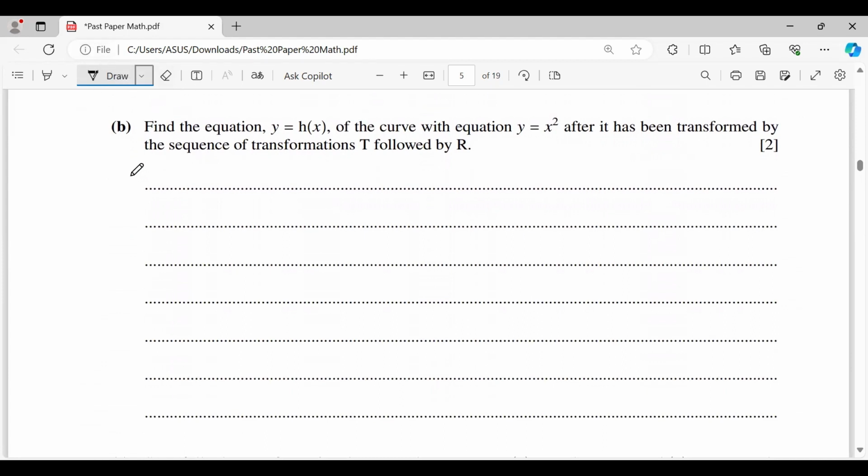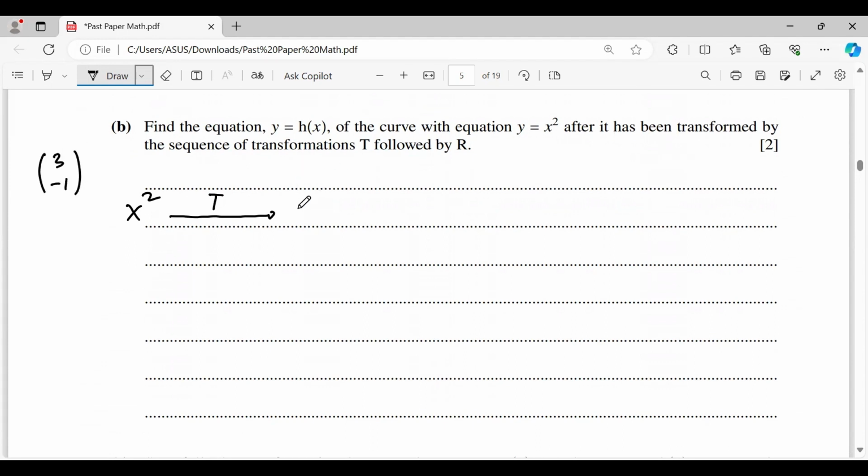So just now x squared through transformation T, recall that the T transformation is 3 and minus 1.